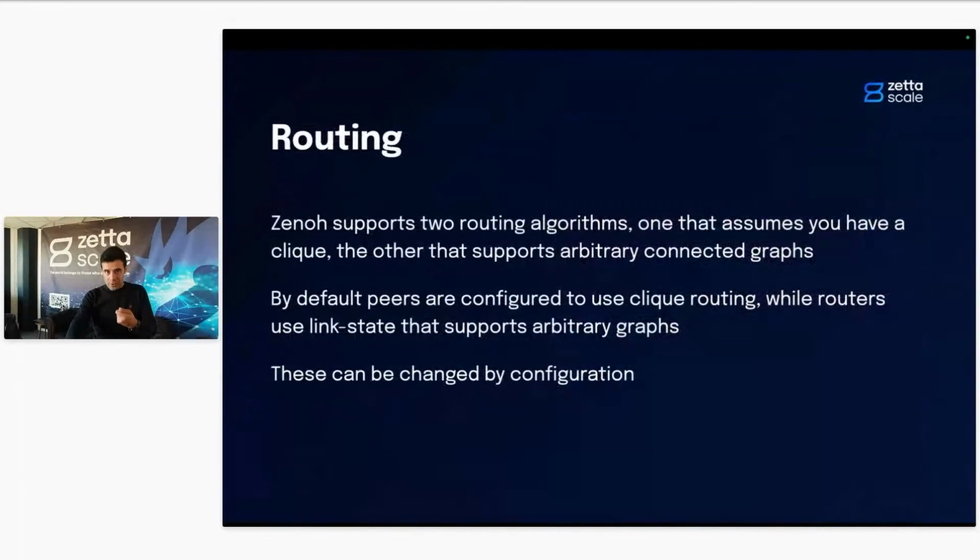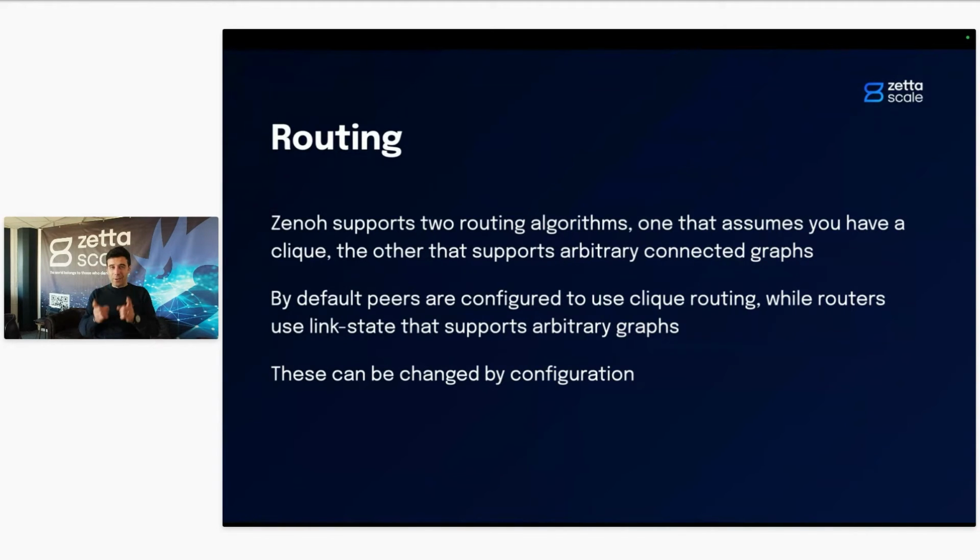And then we have routing. Once discovery is completed, and again, discovery obviously runs all the time, because if the network topology changes, we need to update our view of the network, then we can do routing. And there are two ways of doing routing. In Zenoh, you can do routing either assuming that your topology is a clique, which means everyone is able to directly talk with everyone else, or assuming that, in fact, you are operating over an arbitrary connected graph.